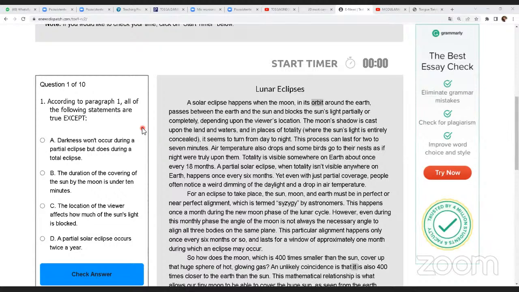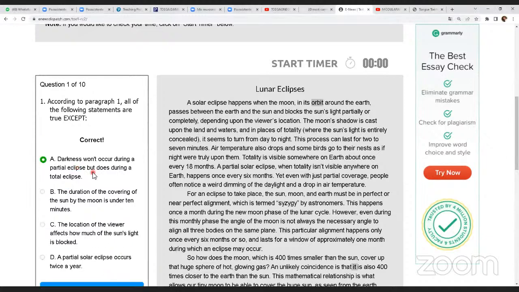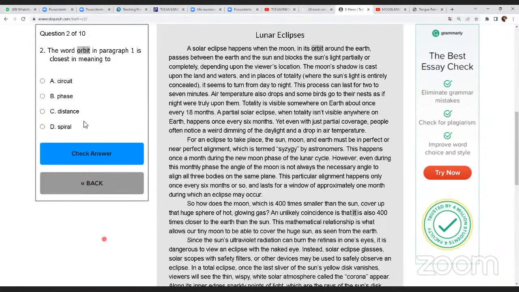No. The D? No. Letter A, right? Darkness won't occur during a partial eclipse, but does during a total eclipse.